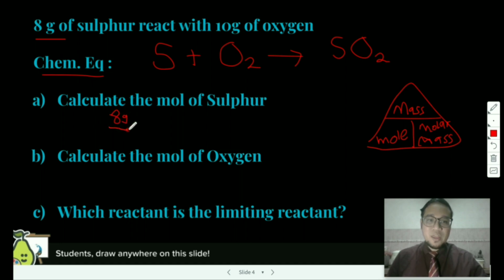You divide by the molar mass of sulfur, which is 32 gram per mole. So the answer is 0.25 mole.